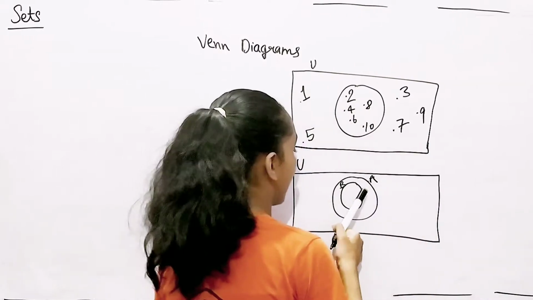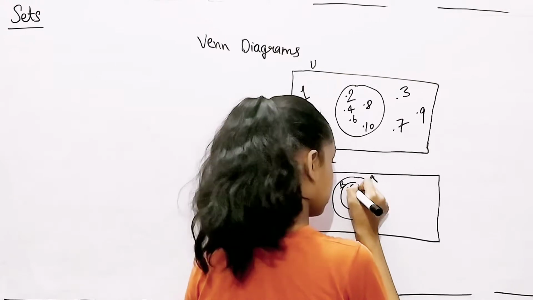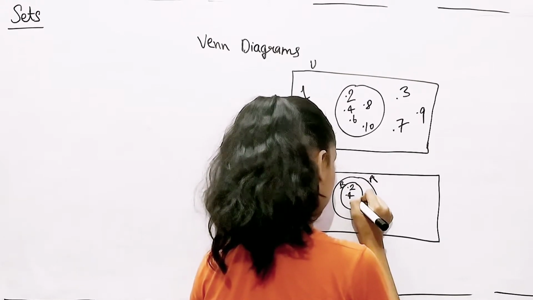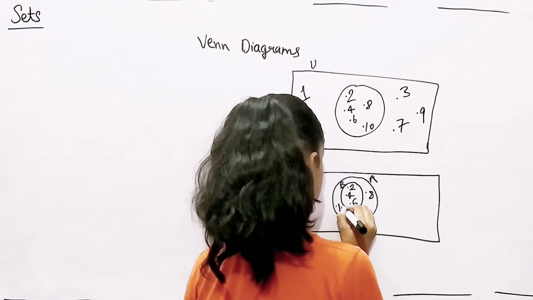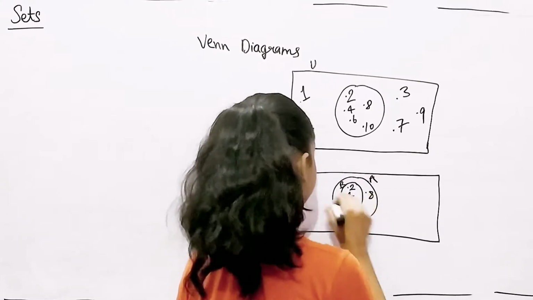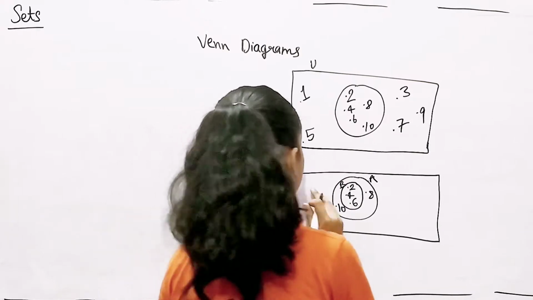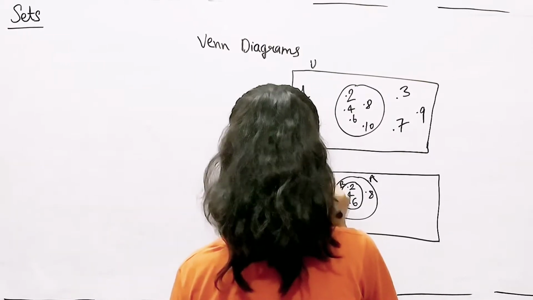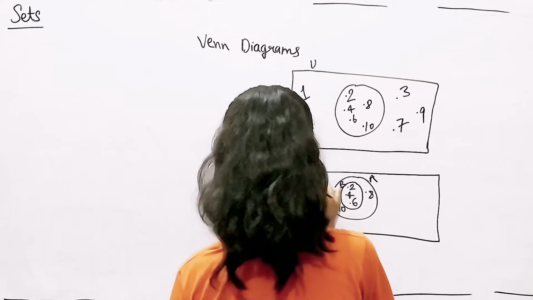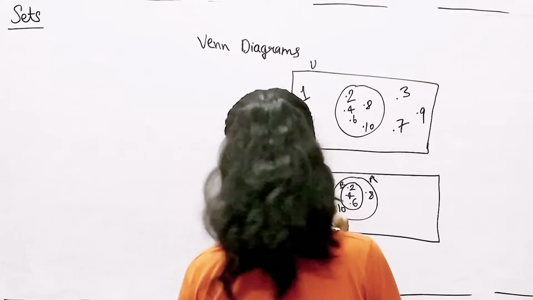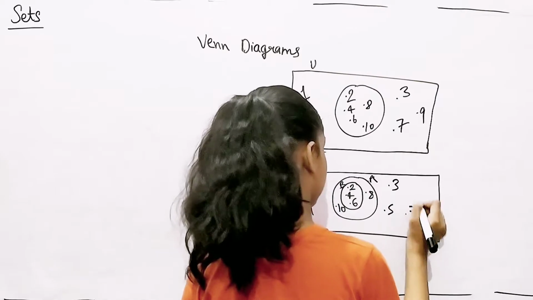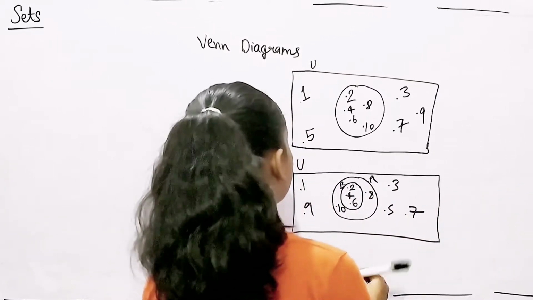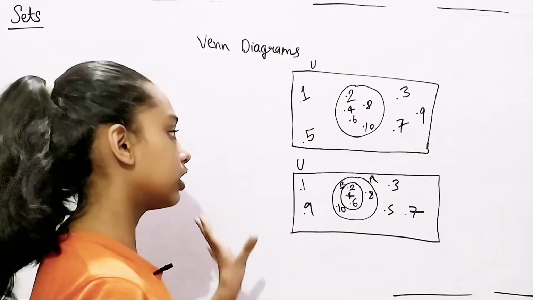In B we have 2, 4, 6, and in A we have 8 and 10. In the universal set we have 1, 9, 3, 5, and 7. That's it, I think this is enough.